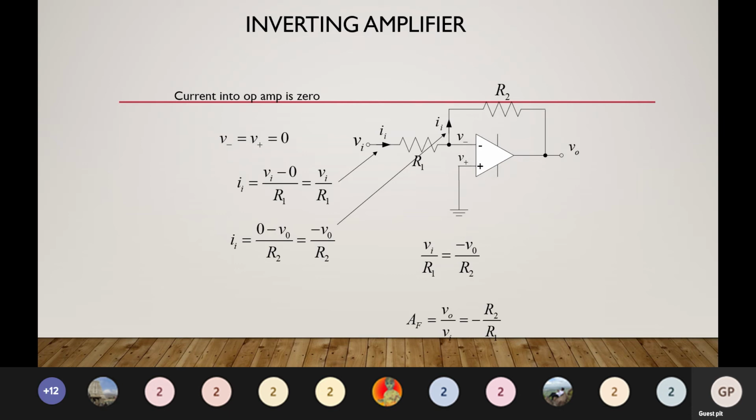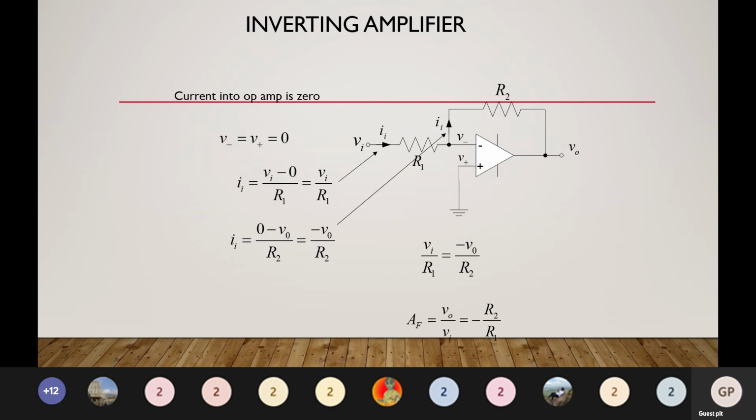And the same current flows through this feedback path also. This is actually a node. We are supposed to have a division of current here, but again there is a golden rule assuming that no current will enter into this op-amp. So the entire current which flows here to the node has to divert itself to the feedback path, since it cannot flow into the op-amp.